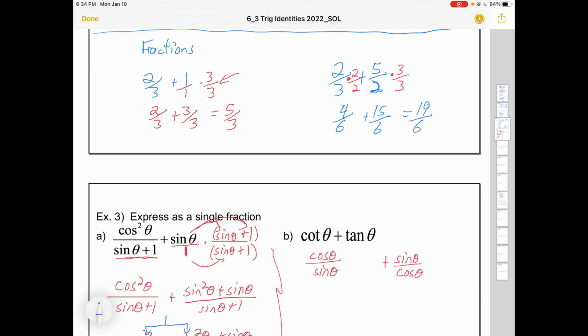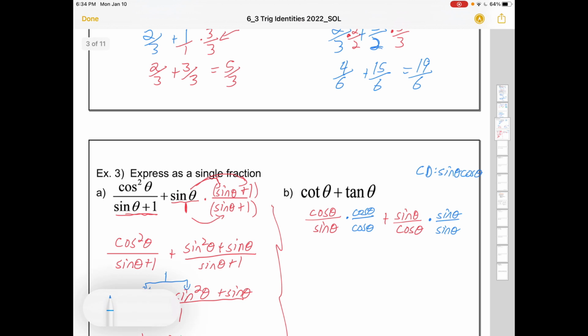Same idea here. Our common denominator is going to be sine theta times cos theta, just like the common denominator up there was 2 times 3. And so we need to multiply each fraction by what it's missing. This one's missing a cos theta, and if it's missing it on the bottom, then we have to times it on the top as well. This other one is missing sine theta.